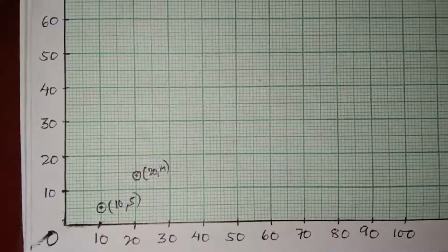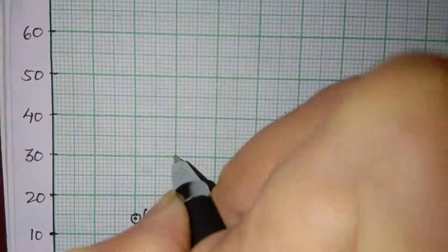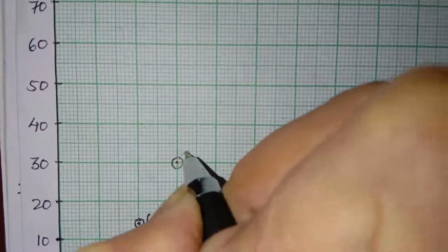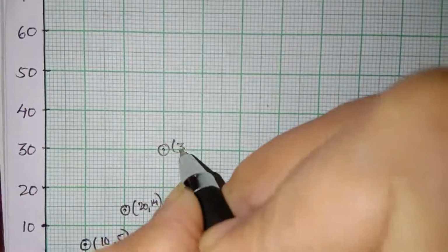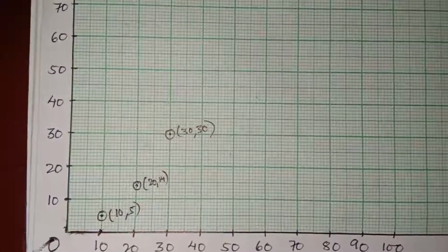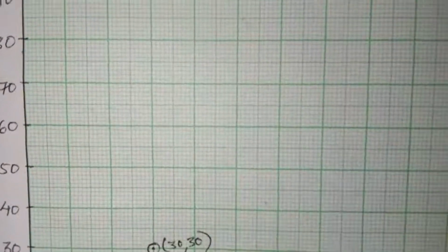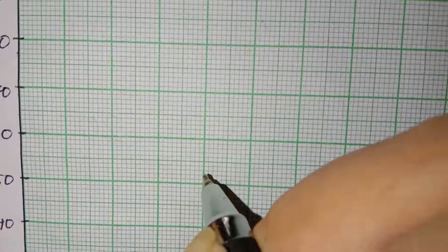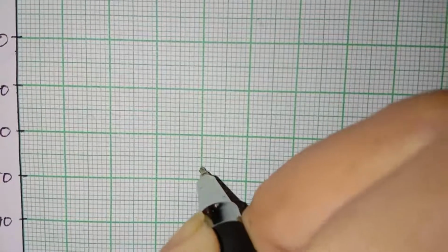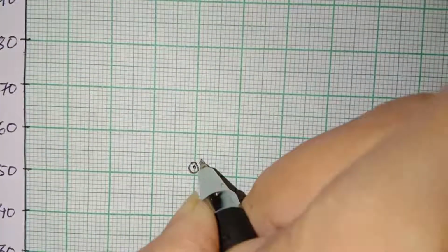Now next point is 30, 30. Another point is 40, 52, and this is your 40 comma 52.